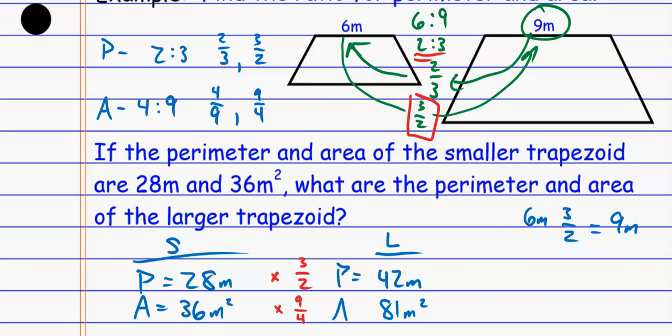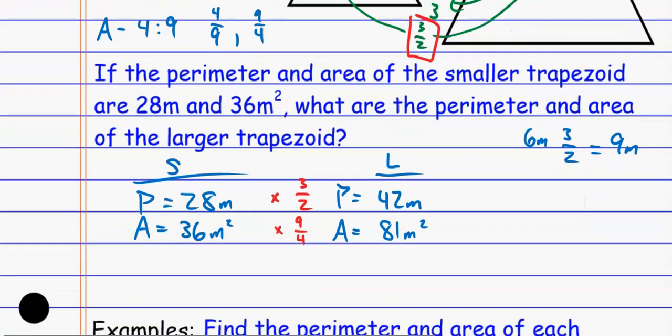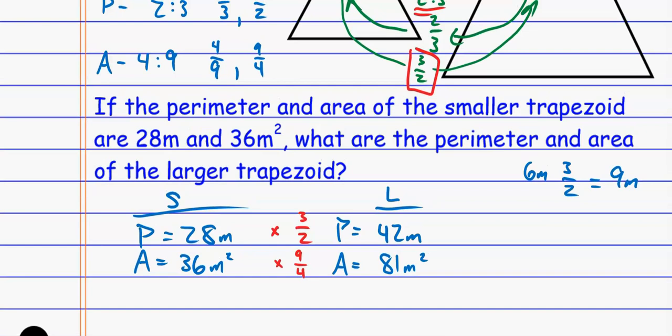And so without actually finding the values I need in that larger trapezoid and finding the area of that individually, I can simply multiply the area and perimeter of the smaller trapezoid to get the larger one, okay? The other option here is you could think of this in terms of proportions.